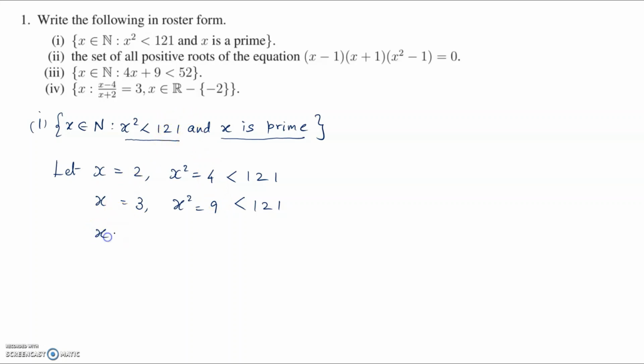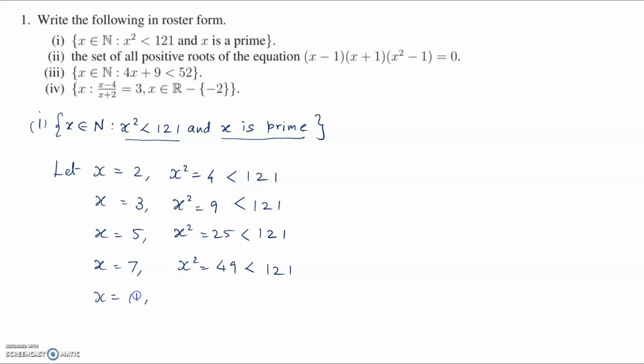So let's take the next prime number, which is 5. And 5, x squared will be equal to 25. Again, it's less than 121, and it satisfies the condition of prime numbers. Then the next prime number is 7. Now x squared will be equal to 49, and that's less than 121. Again, that satisfies the condition.